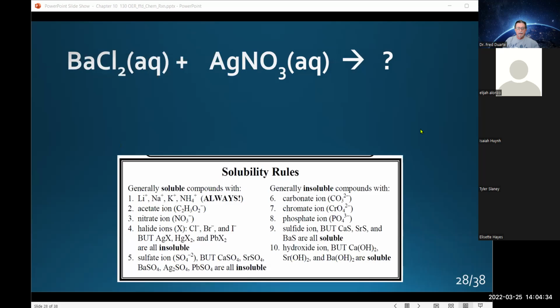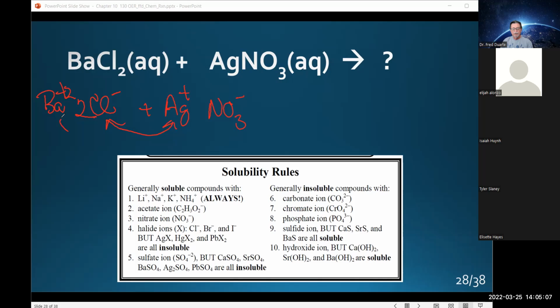All right. Now let's do one last one. Barium chloride, we got Ba +2, and the chlorides are all -1. There's 2 of them, okay? We got silver nitrate, with silver always a +1, but we also know that nitrates are always a -1, so that infers that silver has to be a +1. All right, so let's exchange partners.